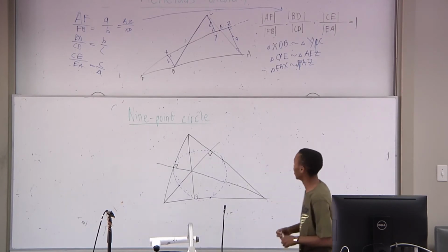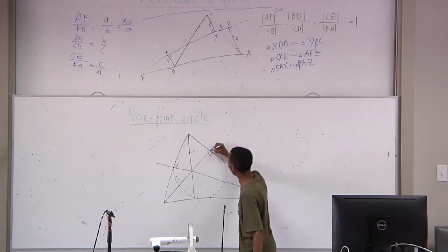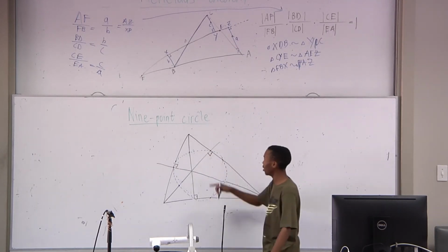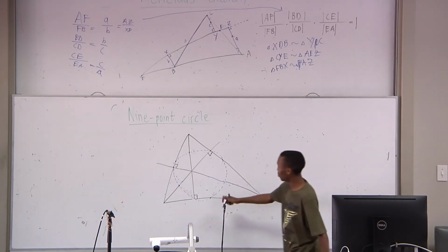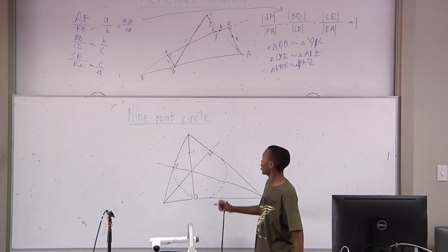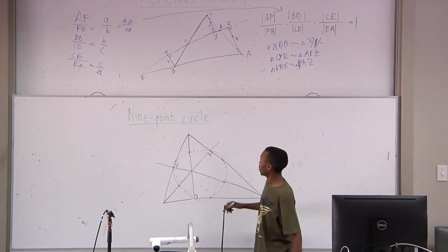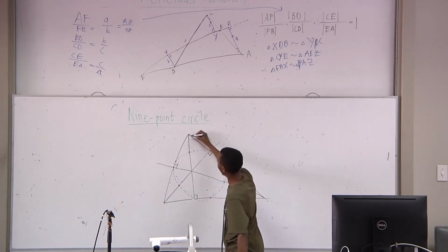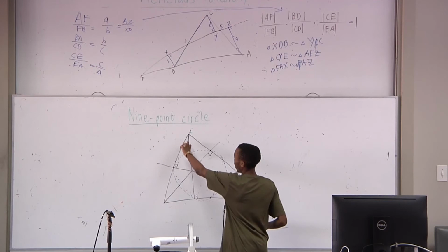So the 9-point circle, these points are not just any random points. As you can see, these are the feet of the altitude from each of the vertices of the triangle. These points are the midpoints of each of the sides, and the last 3 points are the midpoints of the line from A, say, call this A, and call that H. So it's the midpoint of the line AH.